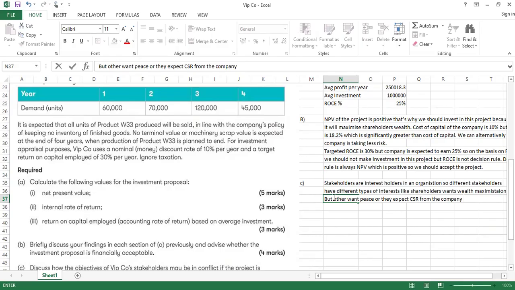CSR means corporate social responsibility, and they think that company will not perform any activity which can create noise or any other disturbance in the environment.